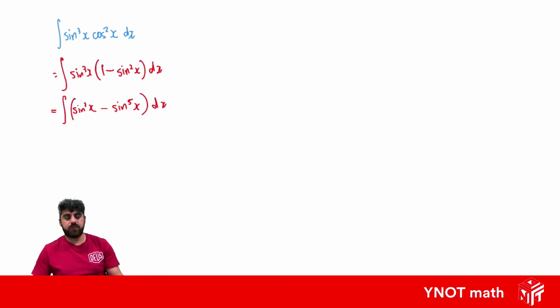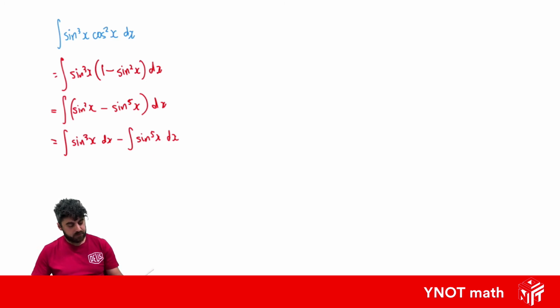We just have a subtraction of two terms inside this integral, so we can rewrite this as the integral of sine cubed x dx minus the integral of sine to the 5x dx. We actually just did the integral of sine cubed x, so we're not going to go through that again, but now we need to tackle the sine to the 5x.